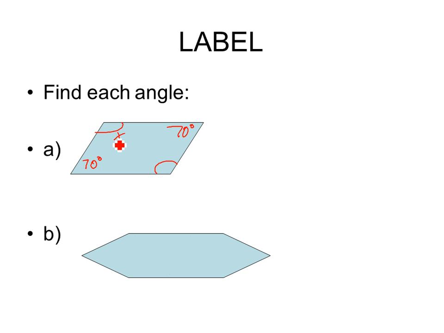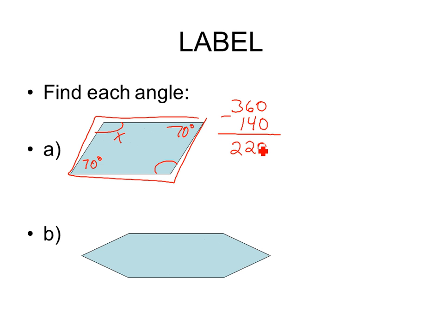You'd add the two 70s together, then subtract it from 360, because you know that this has how many sides? 4. If it's a quadrilateral, all 4 angles have to add up to 360. Now, what's that give us? 220, then divide that by 2, and you got 110. So X would have to be 110.